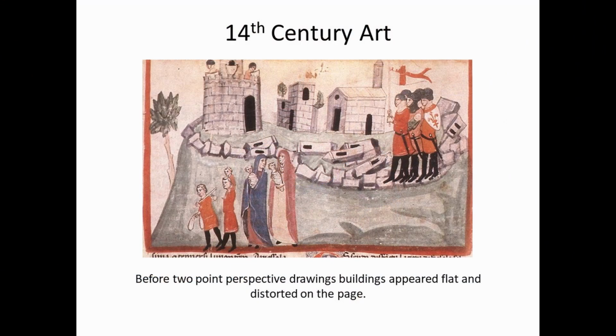So Brunelleschi had a problem. He wanted to show a three-dimensional beautiful building and the dome that he wanted to construct, but he couldn't because everything was flat. All the drawings were flat.